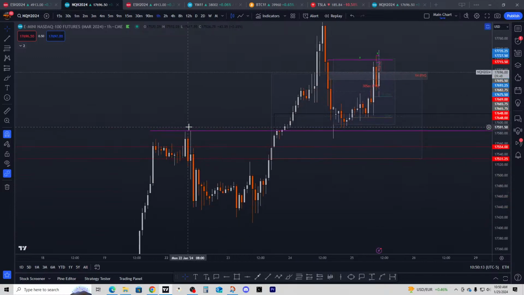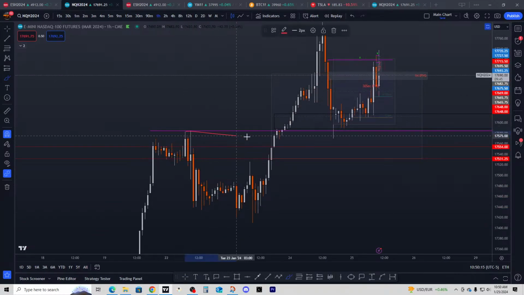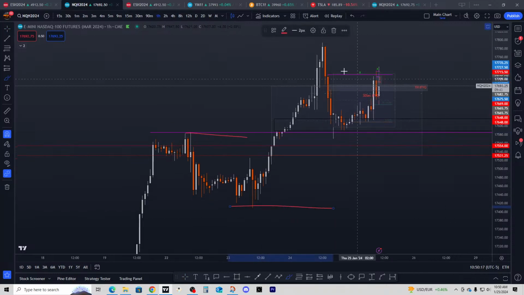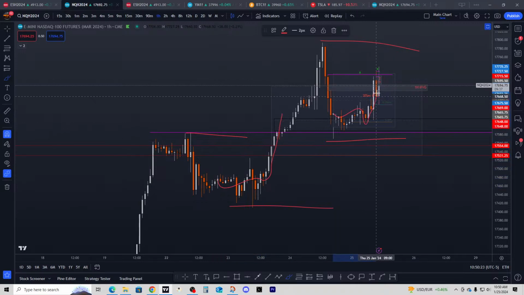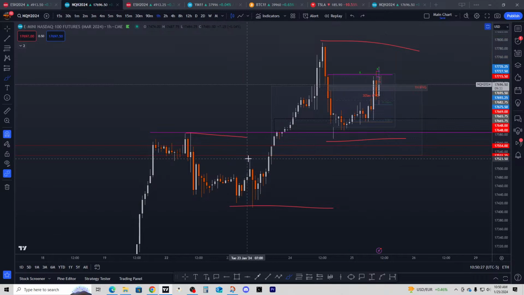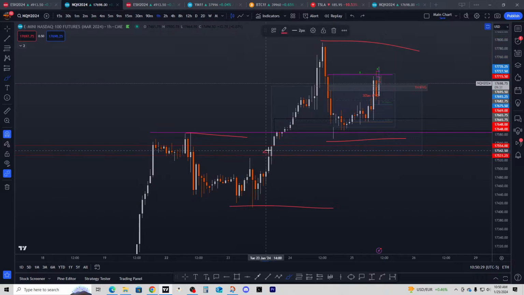It's not like over here. This range is very similar to this range. You see how we consolidated, we just ripped on up through. Or we consolidated, we were expecting it to rip on up through. Very similar. But as soon as you take out, let's say it was this high here. Let me go down to lower time frame. Let's say it was that high there.